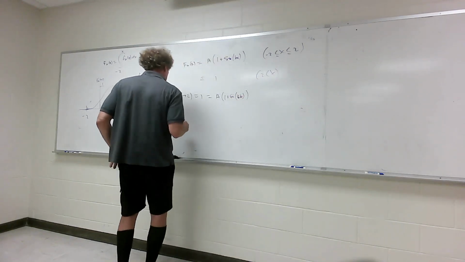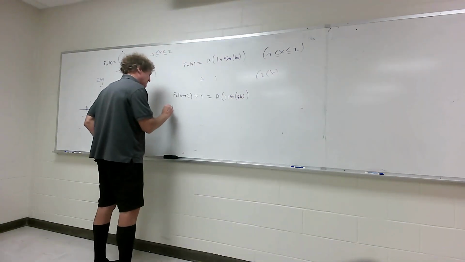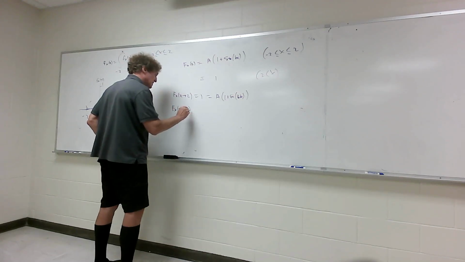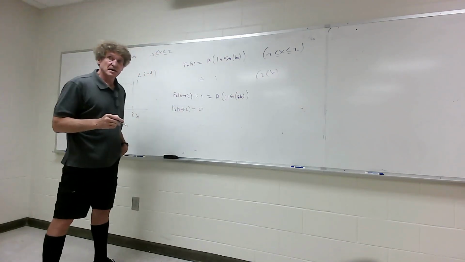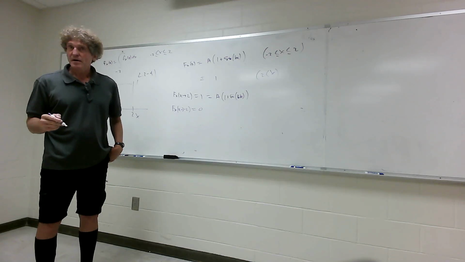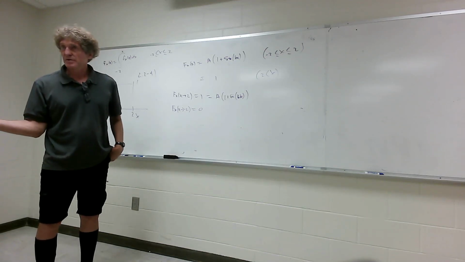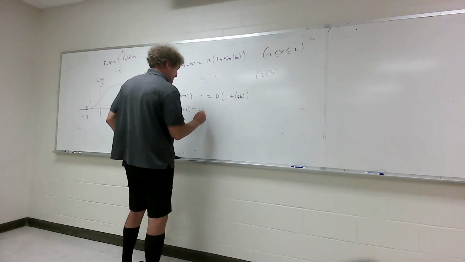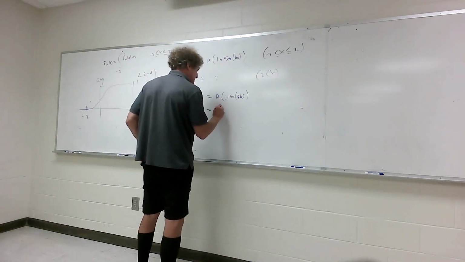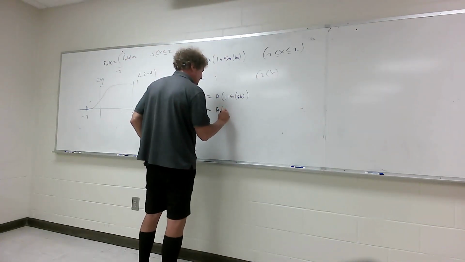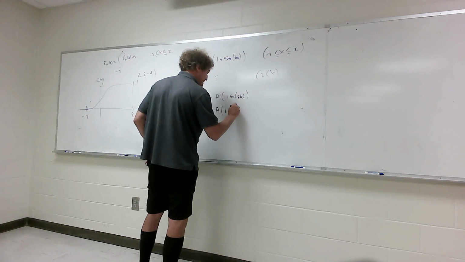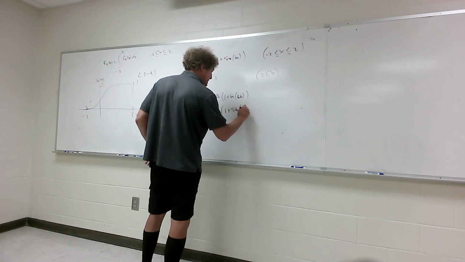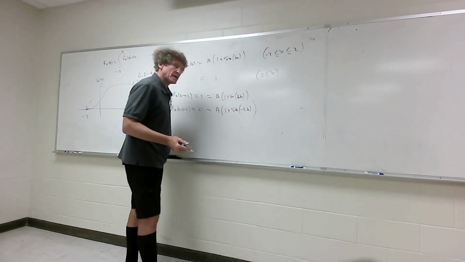That's one condition. We also know F of x as x goes to minus 2 is 0, correct? You have the solutions available to you for this. So that means a times 1 plus the sine of minus 2b. You agree with that?